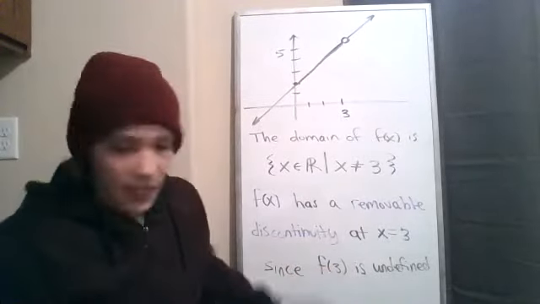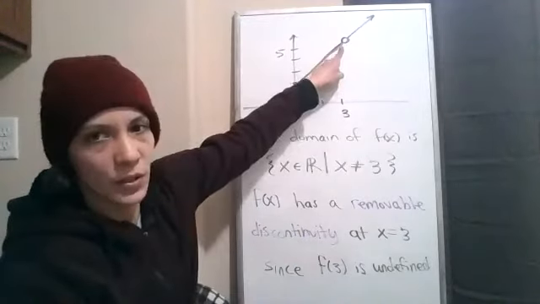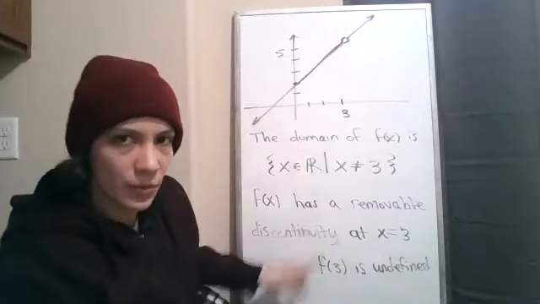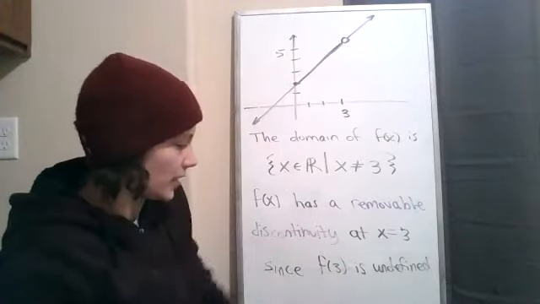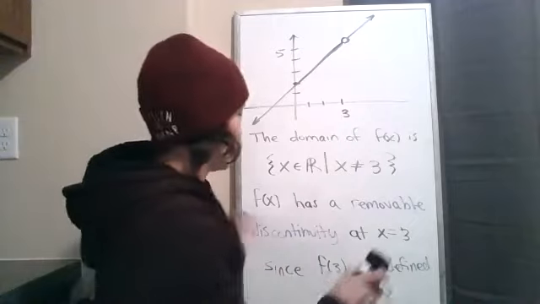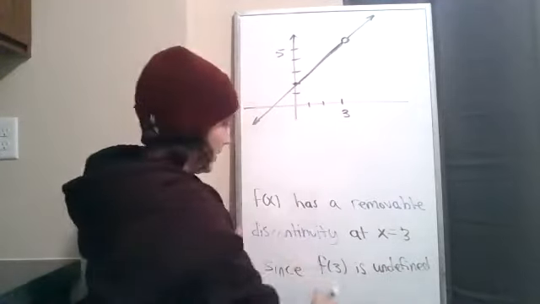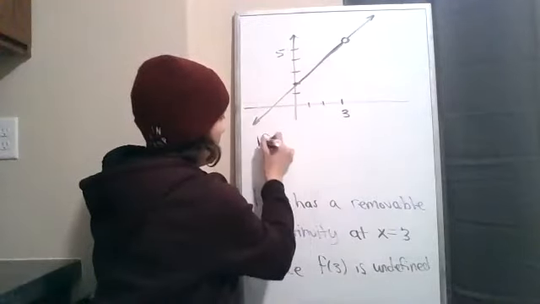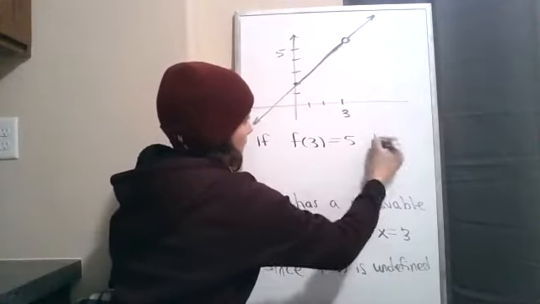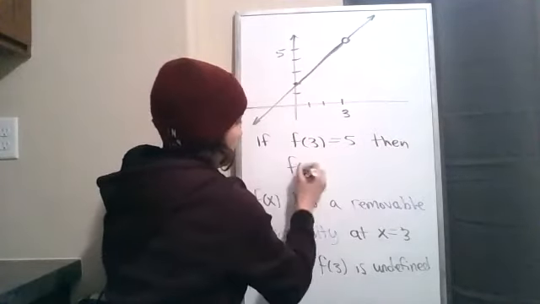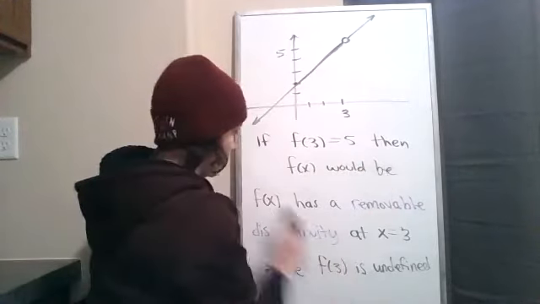Any removable discontinuity is where you could redefine the function right at that place to make this continuous. So if f of 3 equals 5, then f of x would be continuous.